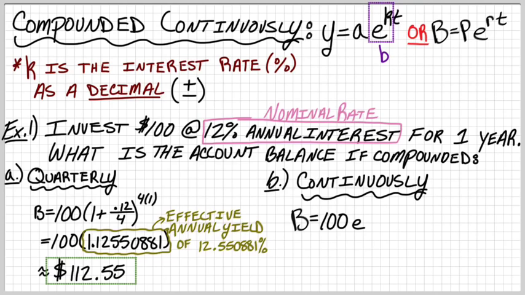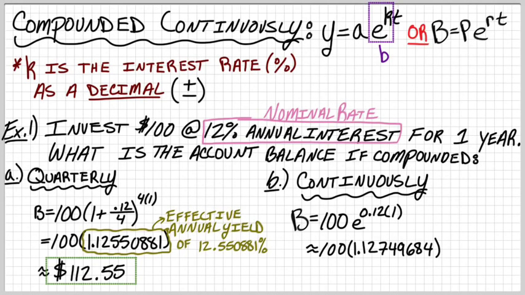So e, and the rate is 12%, so that's 0.12, and then the time is 1 year. So what are we really multiplying 100 by here? e to the 0.12. Again, you can calculate that easily in your calculator. So that's 100 times 1.274964, about. I had to round that number off.